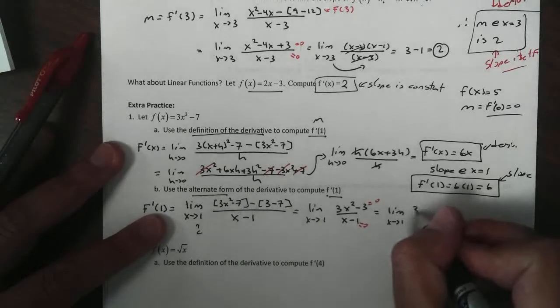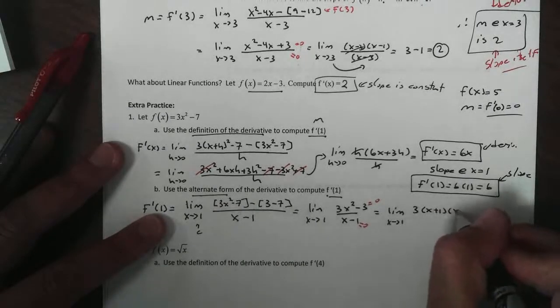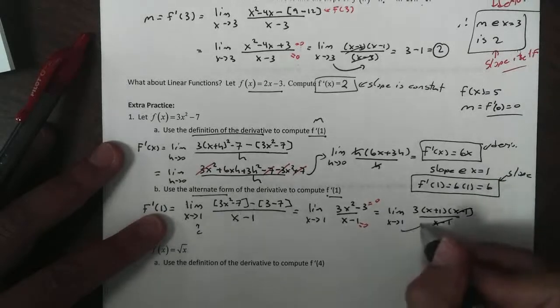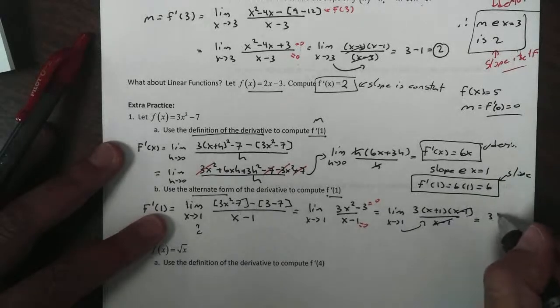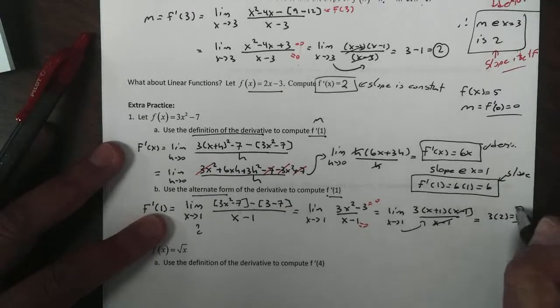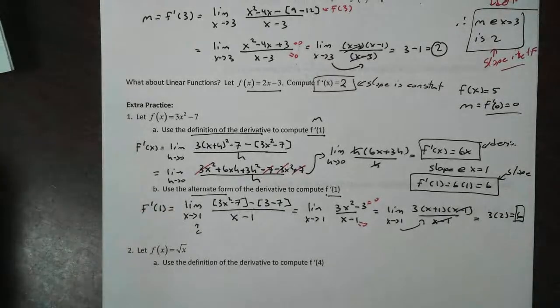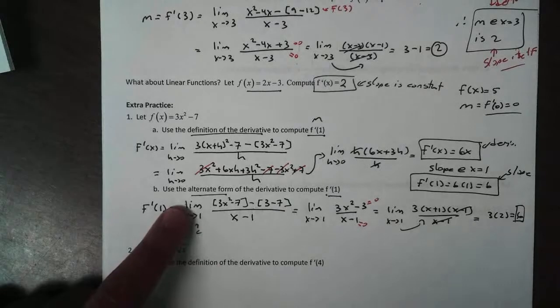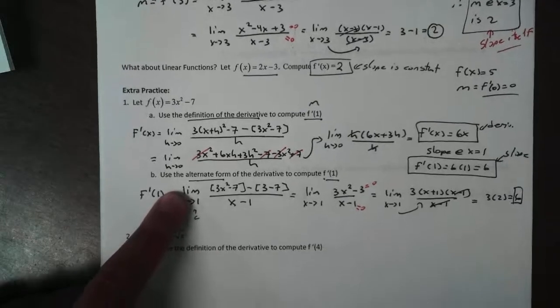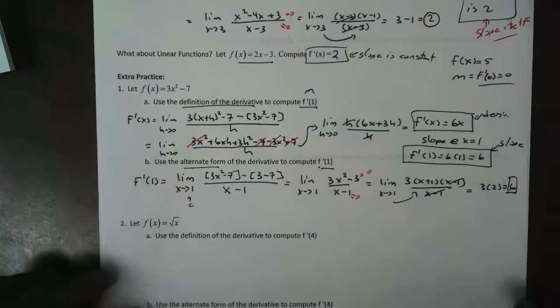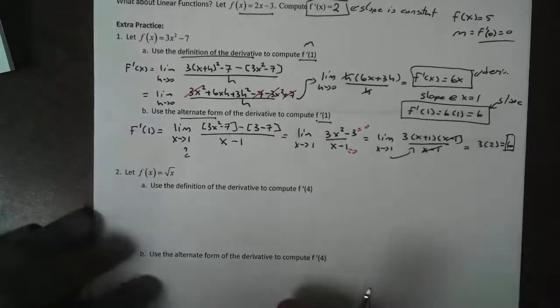I can factor out a 3, and I get x plus 1, x minus 1, all over x minus 1. Those cancel, and if I plug in the 1, we do get 3 times 2, which is 6. Either way is okay to use, but if you're just looking for a slope, the alternate form is much quicker for us. So let's try for question number 2.